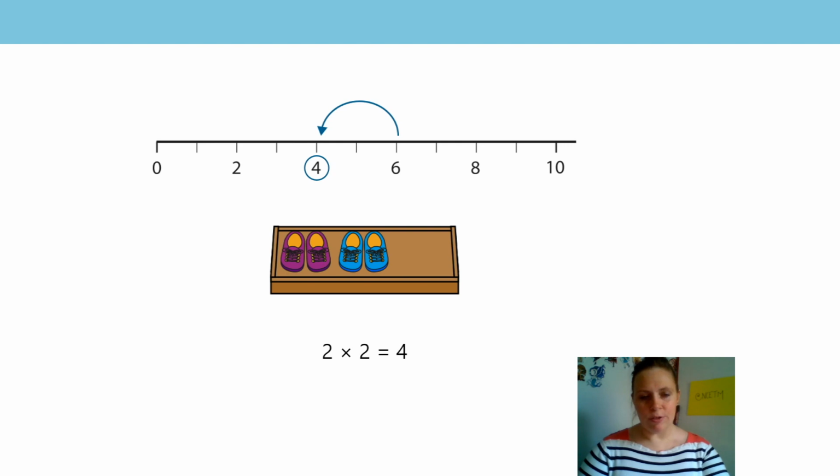This is what I wrote. I've got my factors. I've got 2 lots of 2, 2 groups of 2. And I've got my product, all the shoes I've got together, as being 4. But then someone comes to buy some more shoes.